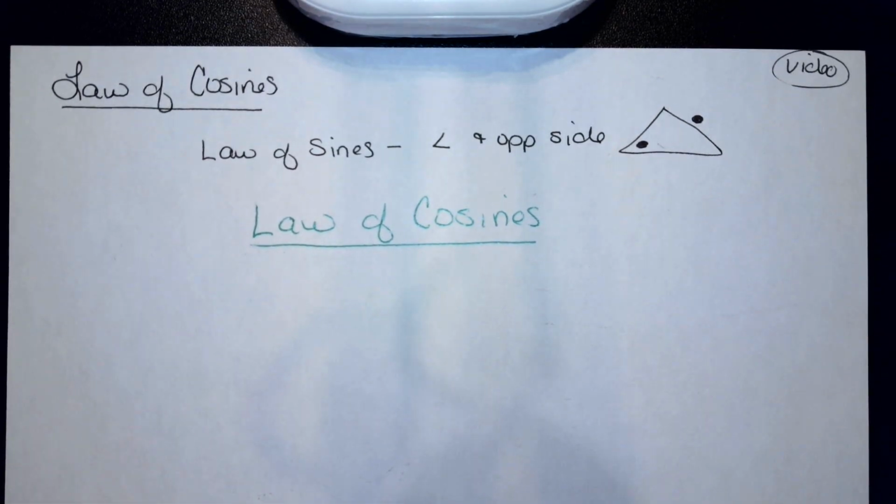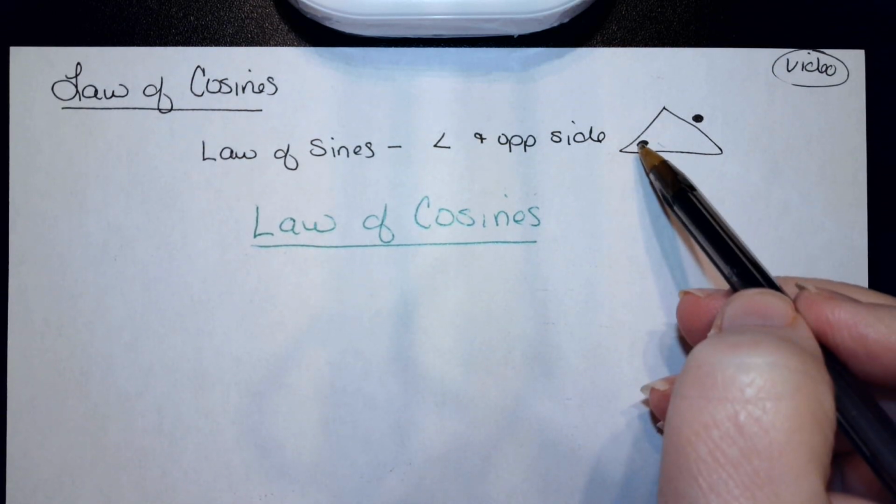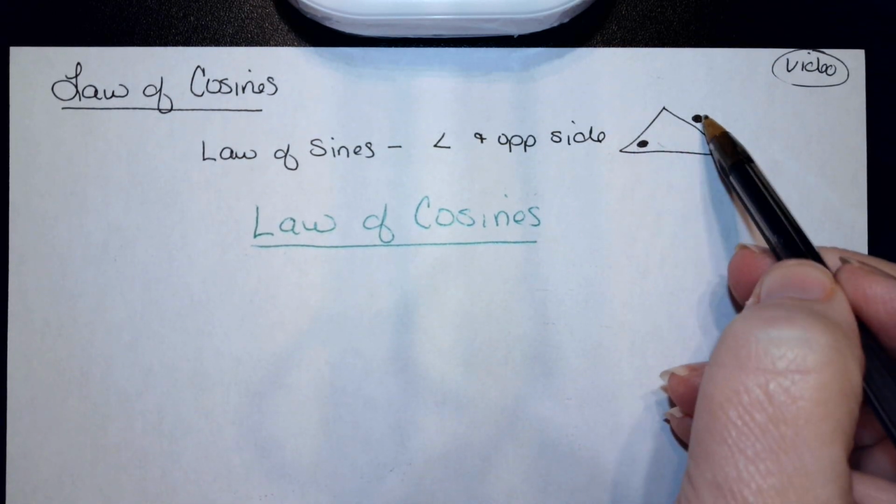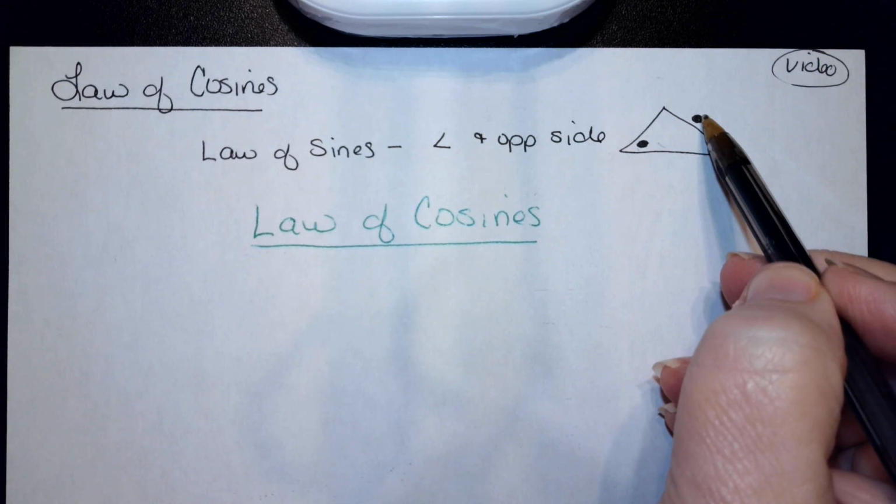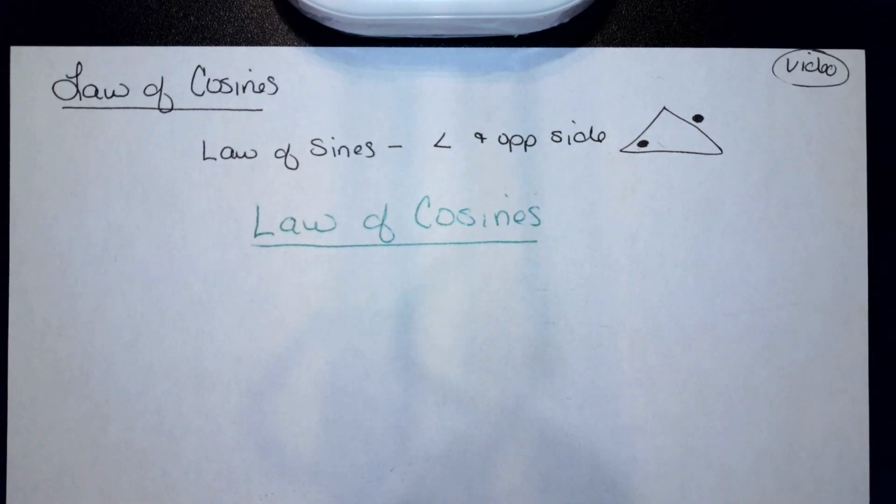Alright, the law of cosines again is when you don't have a right triangle and you're not given an angle and the opposite side. There are actually three parts to the law of cosines.